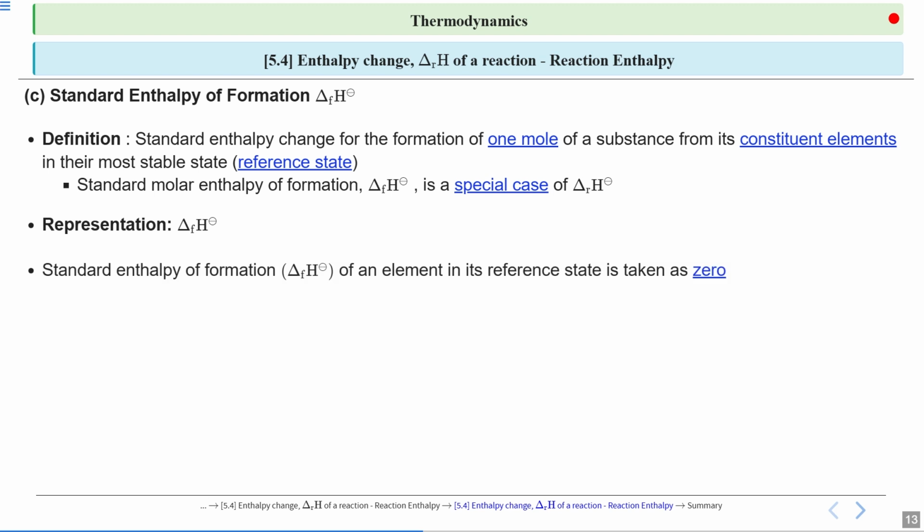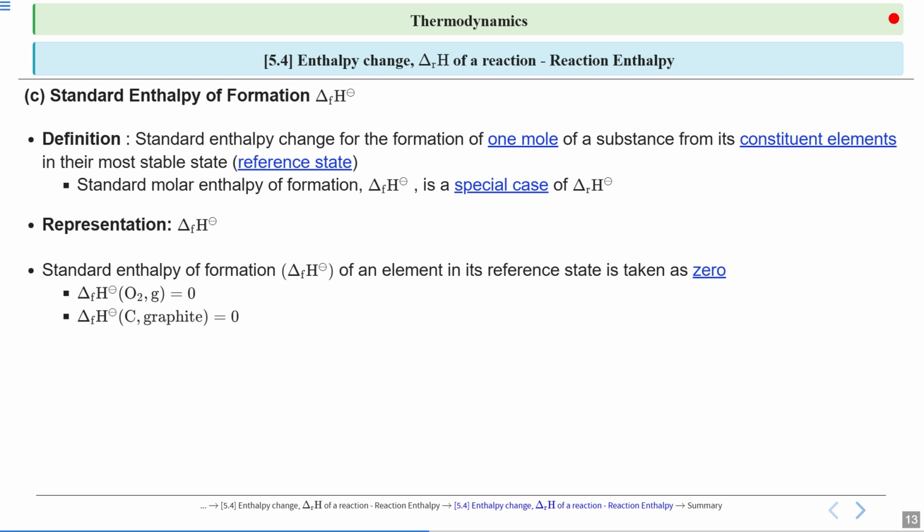And if you consider the standard enthalpy of formation for different elements, and if those elements are present in the reference state, then in that case, you take the standard enthalpy of formation as 0. Suppose you are taking the oxygen molecule, so oxygen is already in the standard state, which is O2 in the gaseous form. Therefore, its standard enthalpy of formation will be 0.